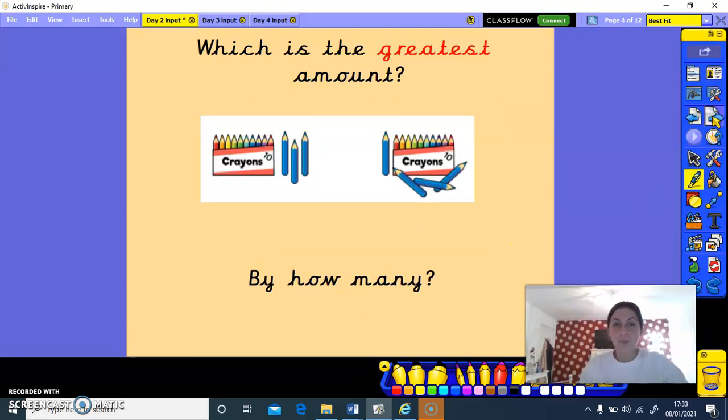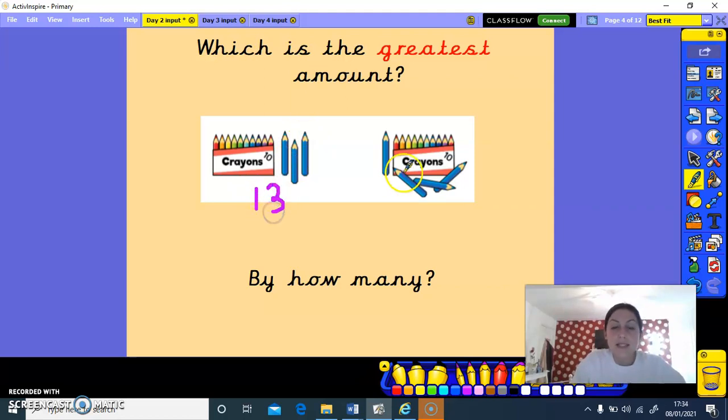Okay, let's move on. This time I have got some crayons and each pack is worth 10. So let's see which is the greatest amount. This is 10, so 10, 11, 12, 13. So this amount is 13.